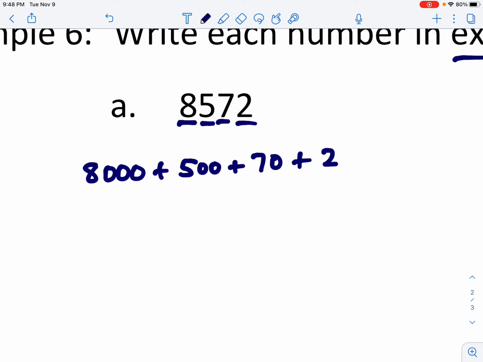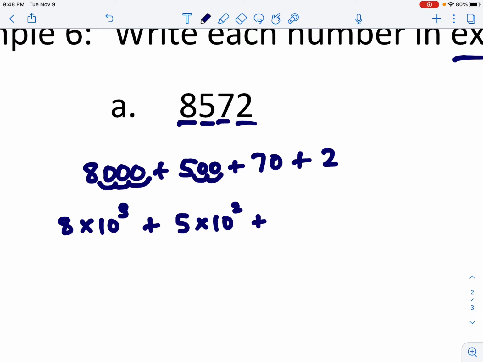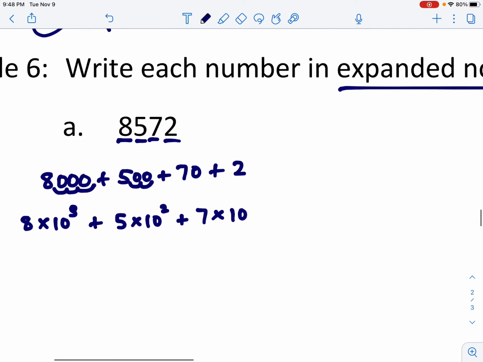So that means I have to put each one of these individually into scientific notation. So that's going to be 8 times 10 to the, we're going to go 1, 2, 3 decimal places. So 8 times 10 to the third plus 5 times 10 to the second, because this goes 1, 2, plus 7 times 10 to the first, or just 10.